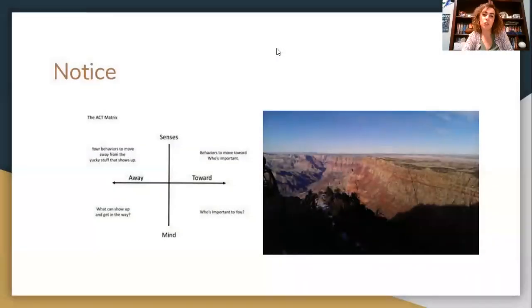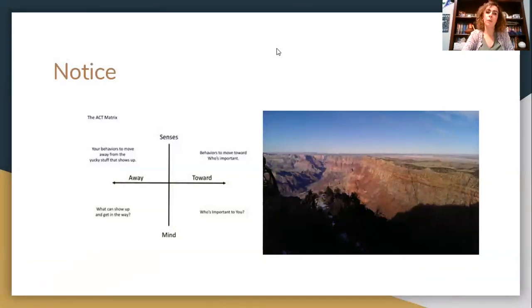What you would like to start doing, and this is definitely a process, is to slowly take a step back and notice what's happening. Remind yourself of what's important to you, and remind yourself of what you said you would do to get towards what's important to you.